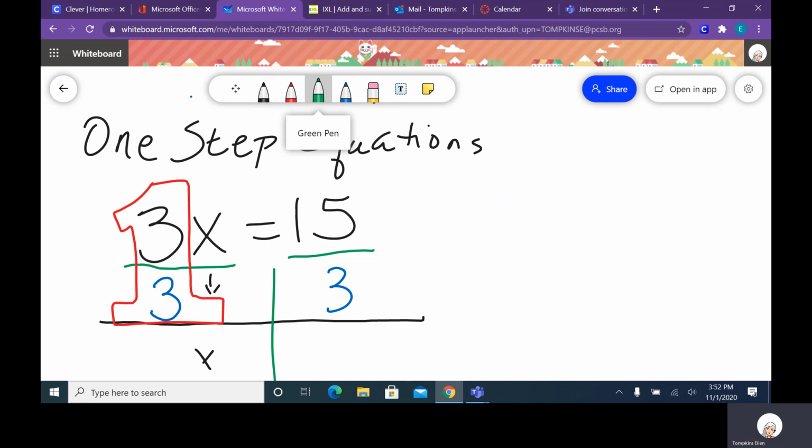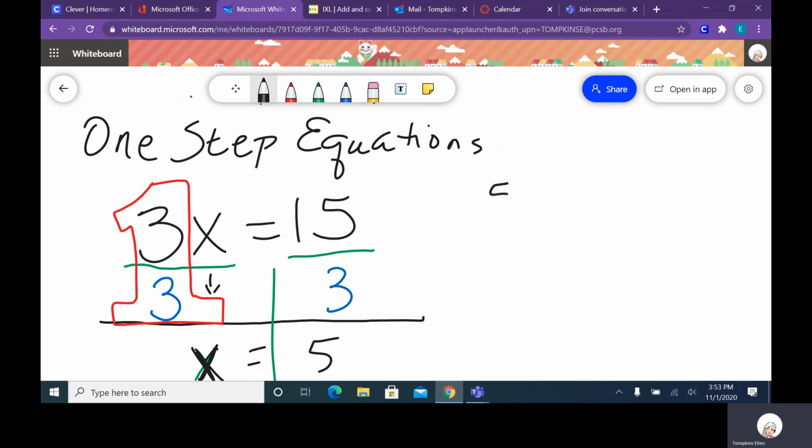I forgot to put my wall down. So there's x. Terrible looking x. And then I have 15 divided by 3, and I will get 5. x = 5. Okay? Really no problem there. No big deal.